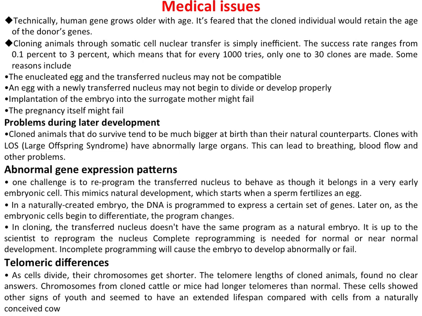It is reported in cows that the clones showed signs of youth forever and seemed to have an extended lifespan. Sometimes clones have an extended lifespan, and sometimes they have a shorter lifespan than normal animals. So these are the medical issues of animal cloning.